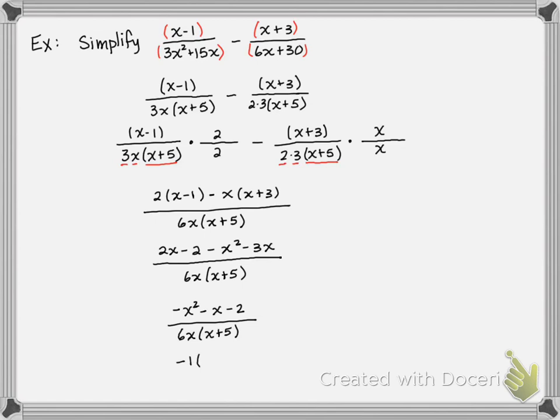And then we can factor out a negative 1. Which shows us that we can't factor any further because all of those coefficients are positive, right? There's no way I can get factors of 2 that are going to add to 1 if they're all positive.